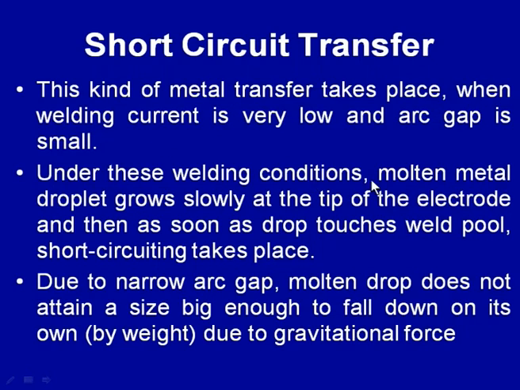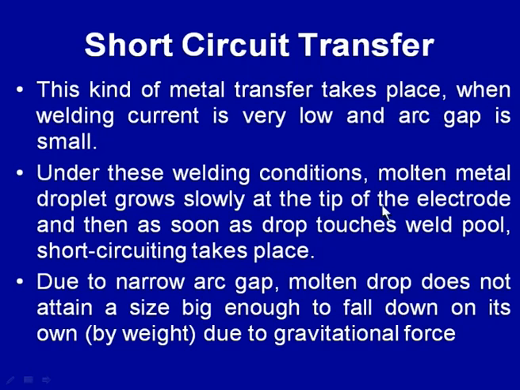Under these conditions of the low welding current and the small arc gap, a molten metal droplet grows slowly at the tip of the electrode, and then it touches the weld pool, and as soon as it touches, the short circuiting takes place. So, the main thing here is the welding current is low.